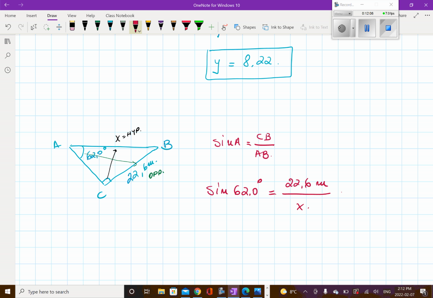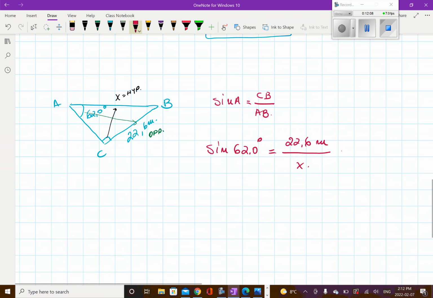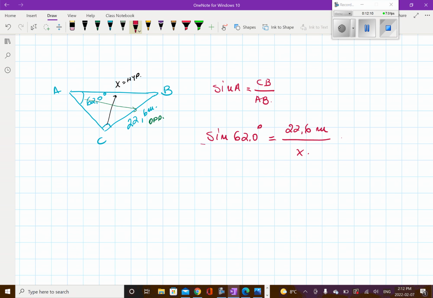Okay, now an easy way to solve this, since it is a ratio, consider this as over 1, and then you cross multiply the two that you know and divide by what is left. So x will be 22.6 meters divided by sine 62 degrees.